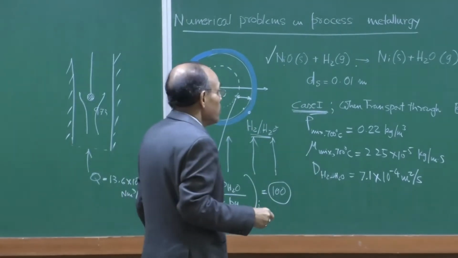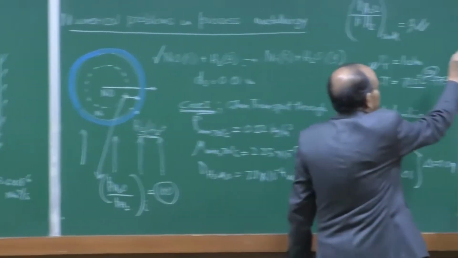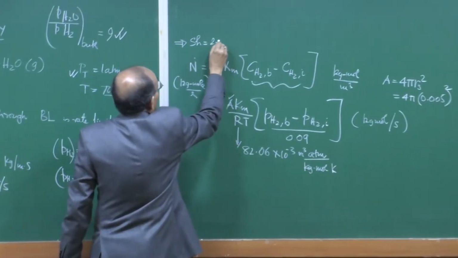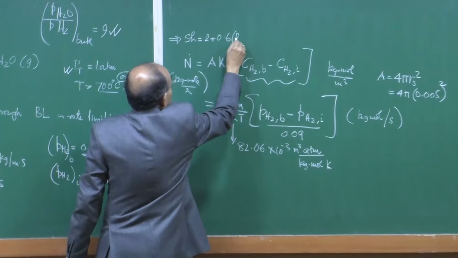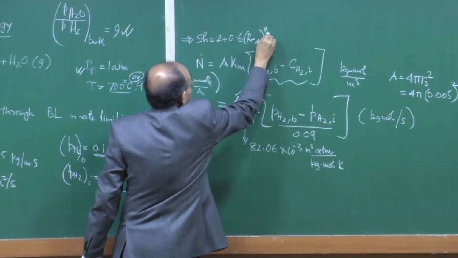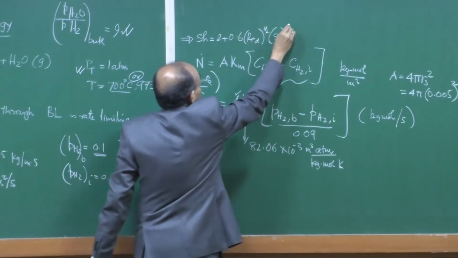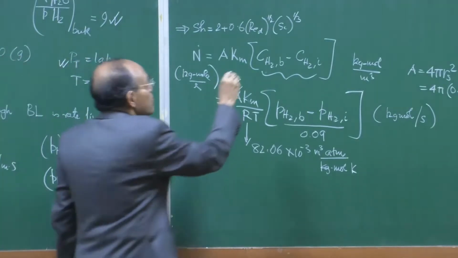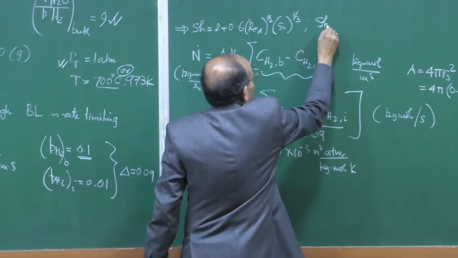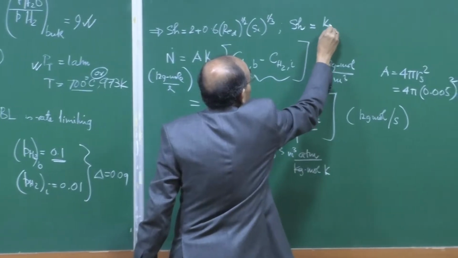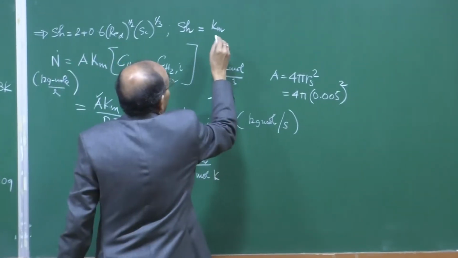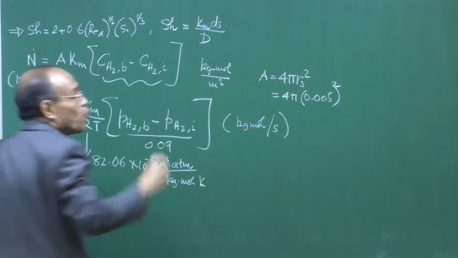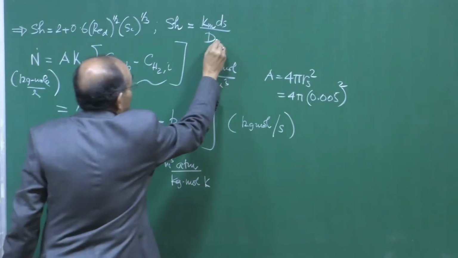So, we will have the popular correlation, the Ranz-Marshall correlation, which gives us the Sherwood number equal to 2 plus 0.6 into the Reynolds number, the diameter based Reynolds number, and the Schmidt number raised to the power 1 by 3, where the diameter based Sherwood number, as you all know, is nothing but Km, the mass transfer coefficient, multiplied by the diameter of the sphere divided by the diffusion coefficient of the mixture, D H2-H2O.